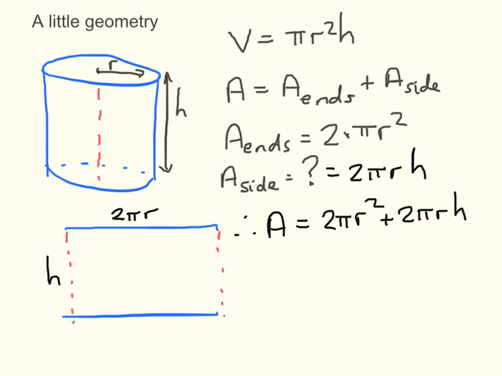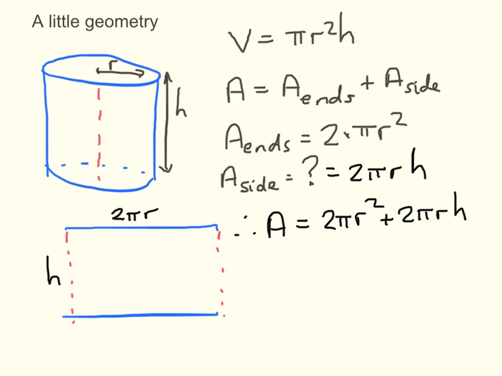So this looks initially as though it's a function of two variables, the radius and the height, but if we remember that we're interested in a fixed volume, a piece of metal with a fixed volume and a fixed mass, that means that r and h are related in this way to the volume.